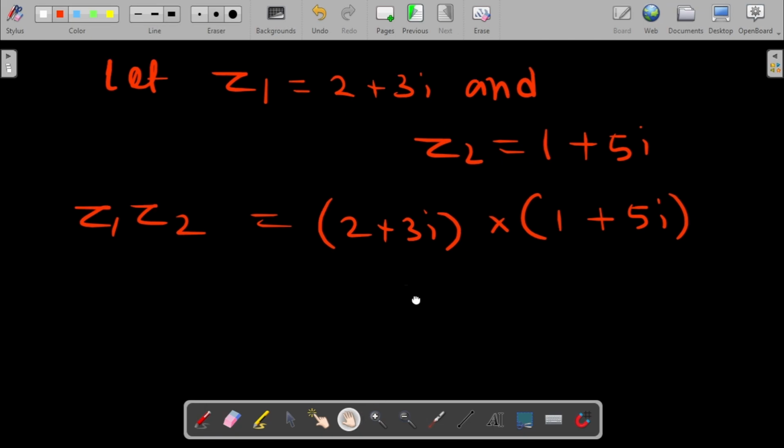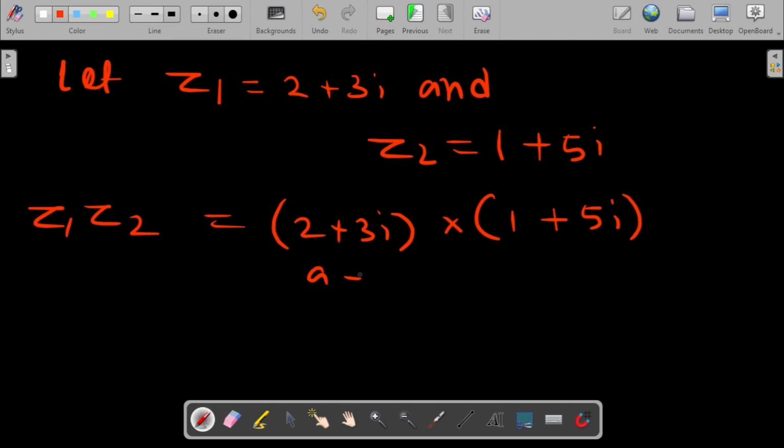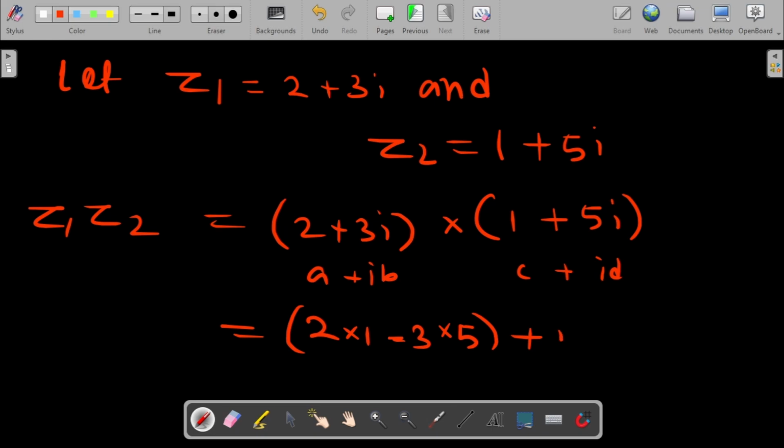Comparing with the general case A plus iB and C plus iD, we need AC minus BD. Here A is 2, C is 1, B is 3 and D is 5. Then AD plus BC: A is 2 and D is 5, B is 3 and C is 1.